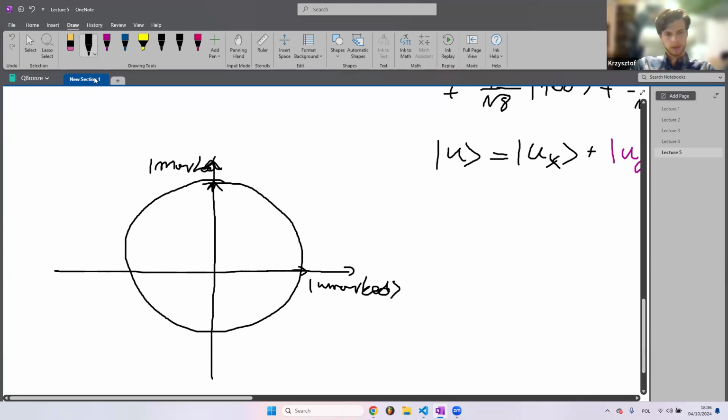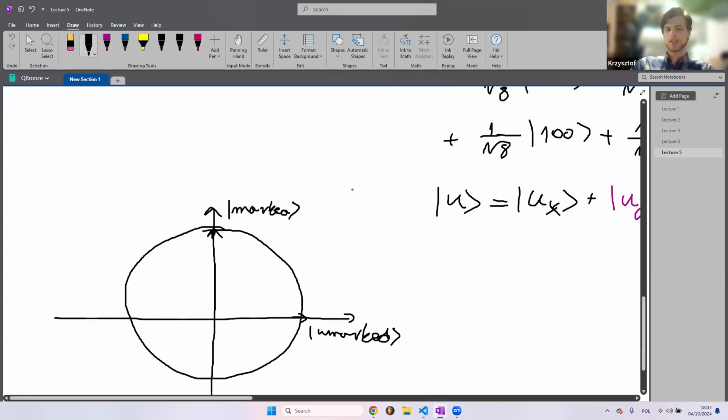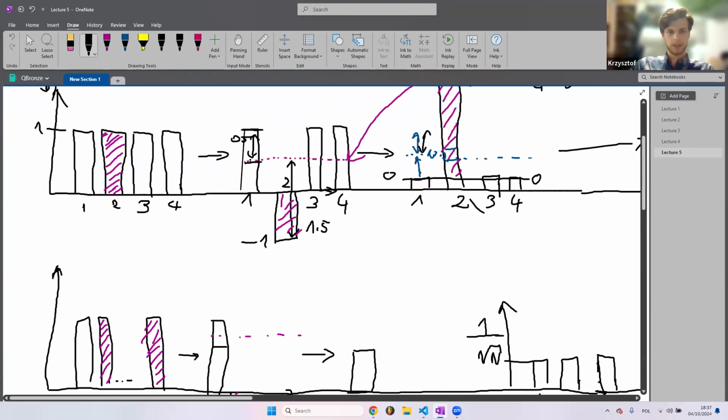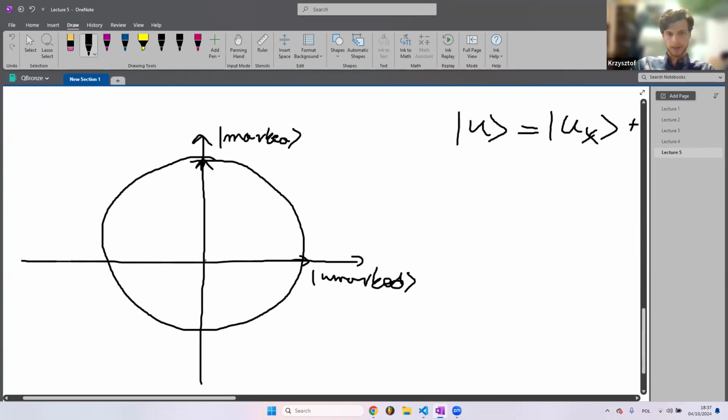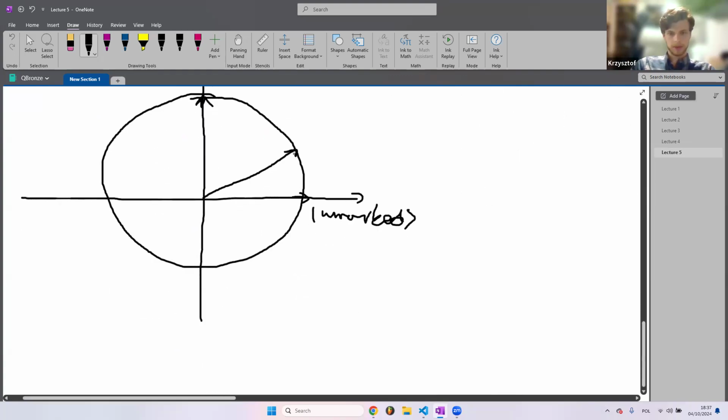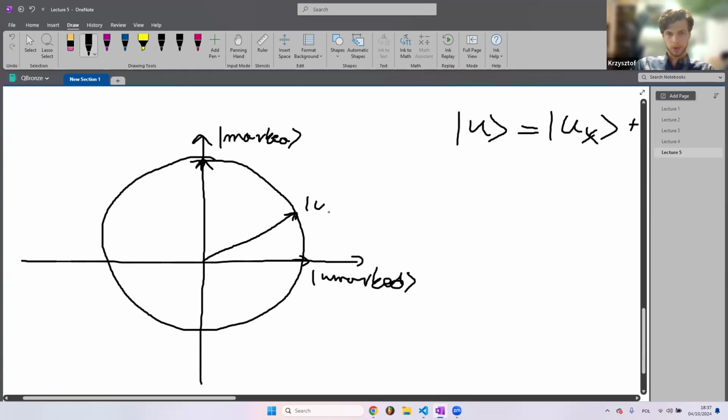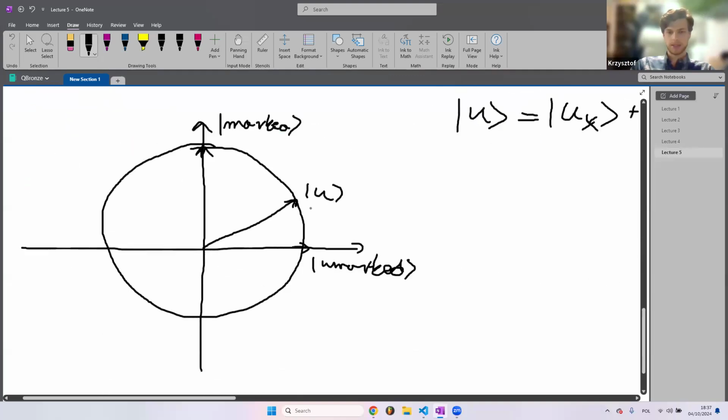So I will rewrite this. So let's rephrase our game with the inversion about the mean as a quantum game. We begin with the state U, which is a superposition of the marked and unmarked states. Then we switch the sign of the marked elements.